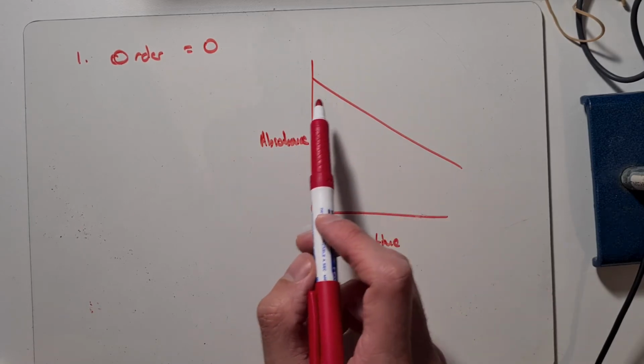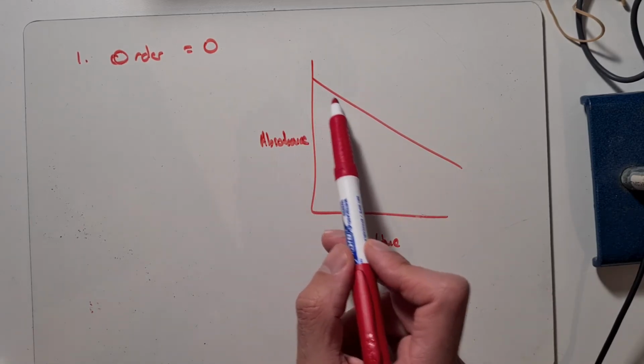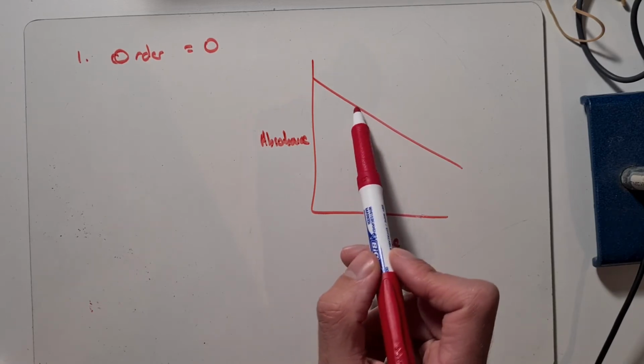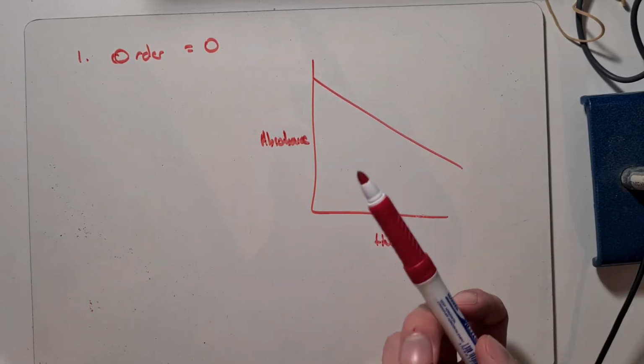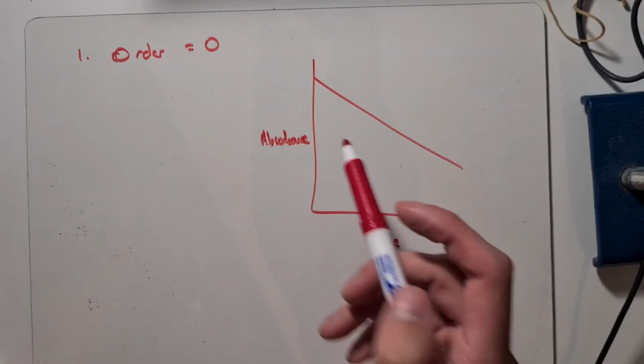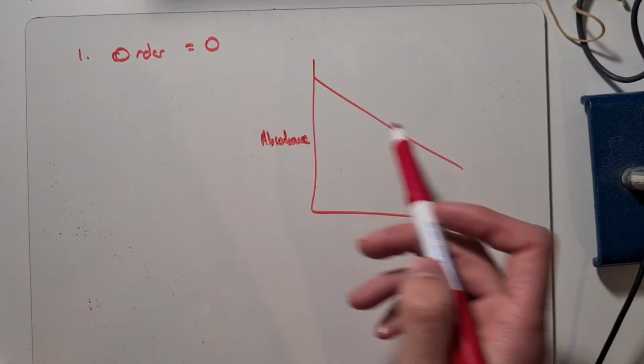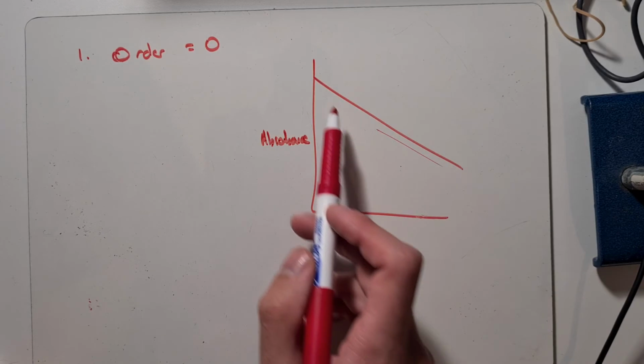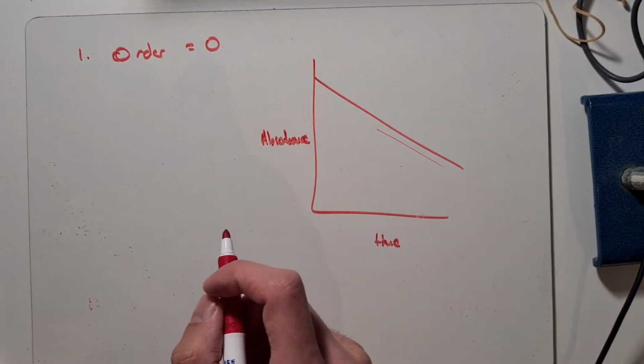You'd expect that if it were first or second order, as concentration decreases, that would impact how fast the concentration is decreasing; it would get slower and slower. But this has no impact because it's a straight line all the way down.